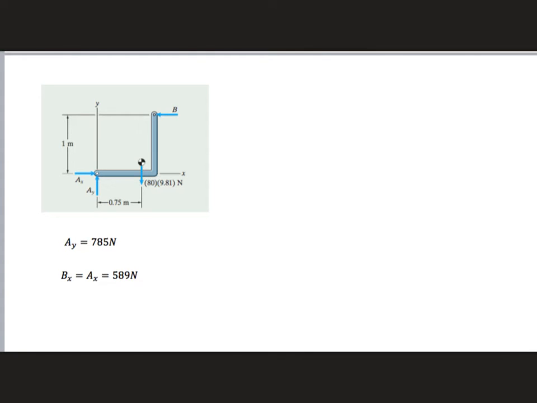Specifically, we see that Ay is 785 newtons, Bx and Ax are the same, equal to 589 newtons, and that gives you the answer to the problem. And you can see there are two equivalent approaches for solving a problem like this, which is kind of nice.